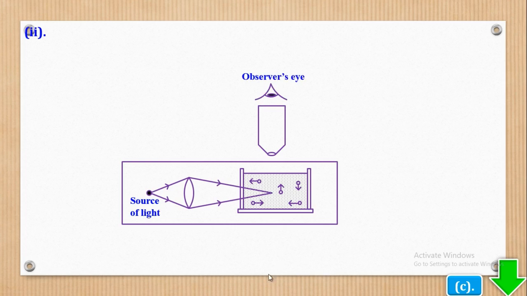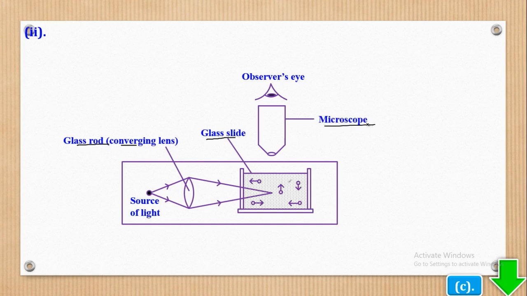So next is to do the labeling. So the first one will be that one, which will be glass rods or converging lens. Then that one is the glass slide. This is a microscope, and these are smoke particles which are visible, and these are air molecules which are invisible.